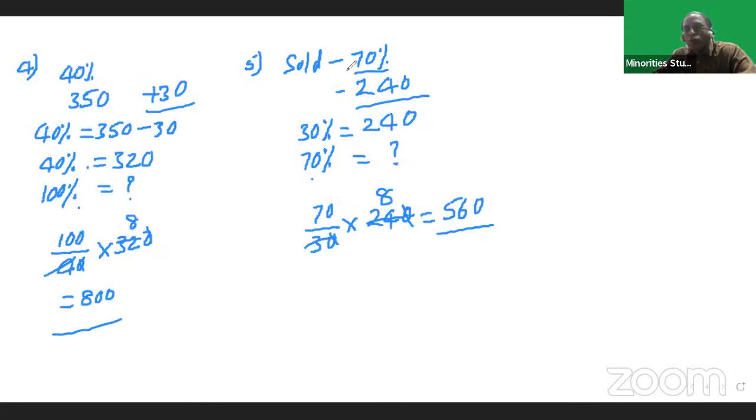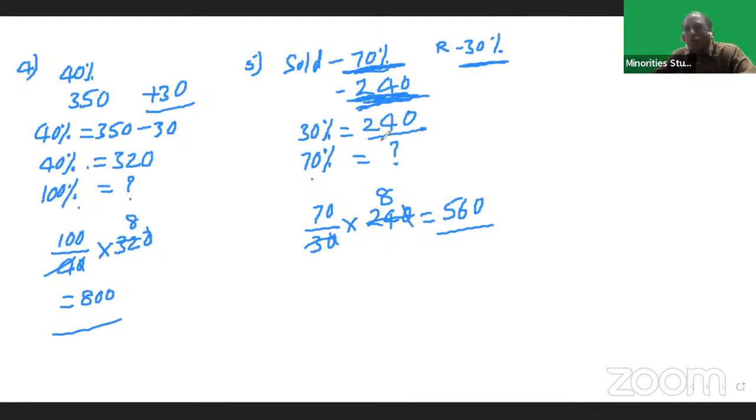A fruit seller sold 70% of mangoes and he has 240 mangoes. If he sold 70% of mangoes, remaining are not sold by him, so remaining is 30%. According to question, he has 240 mangoes. Therefore, 30% is equal to 240.